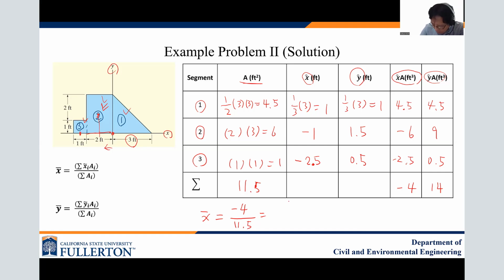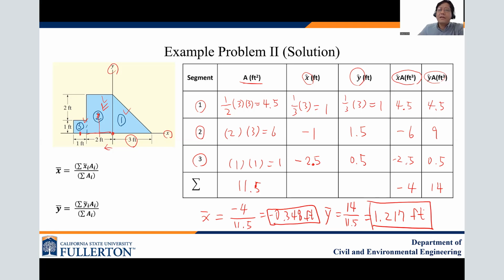Okay, so there's a minus 0.348 feet. So that is your answer. You should put the minus, right? The Y bar value is 14 divided by 11.5, so that is 1.217 feet. So that is the Y bar value, right?